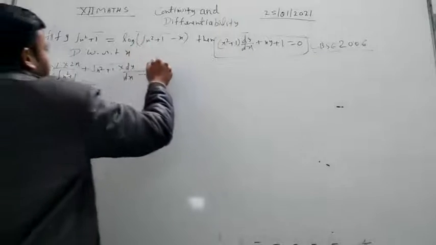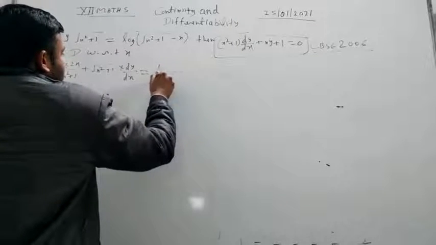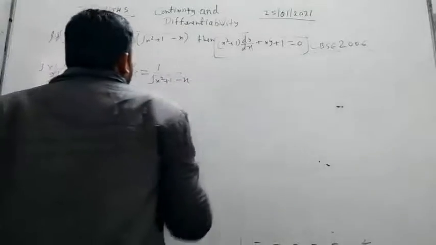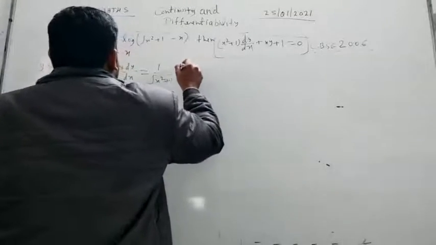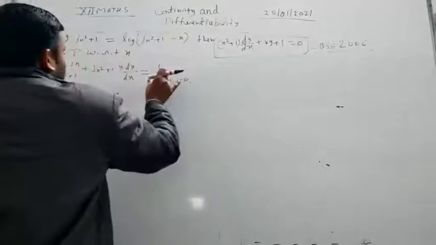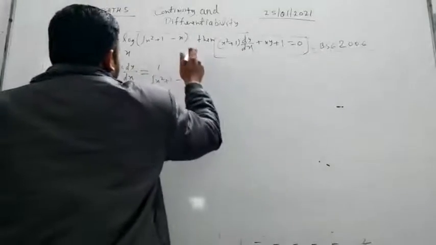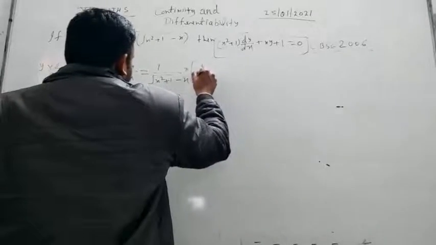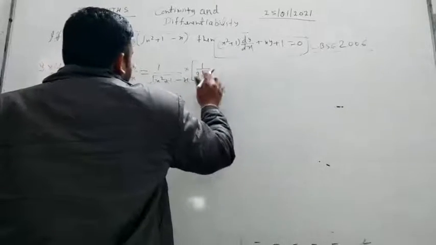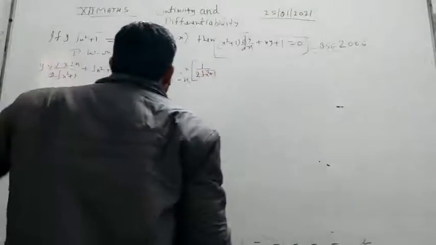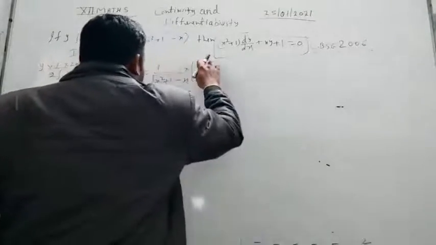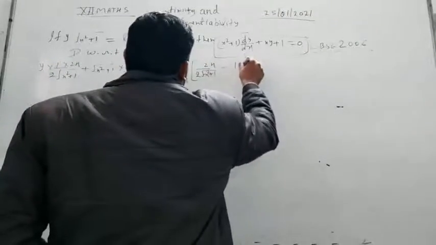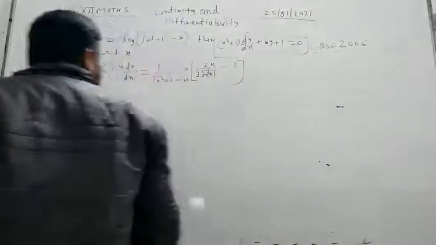And this is log of 1 by x. Differentiation of log x is 1 by x, and differentiation of the root is 1 by 2 root x into 2x minus 1.